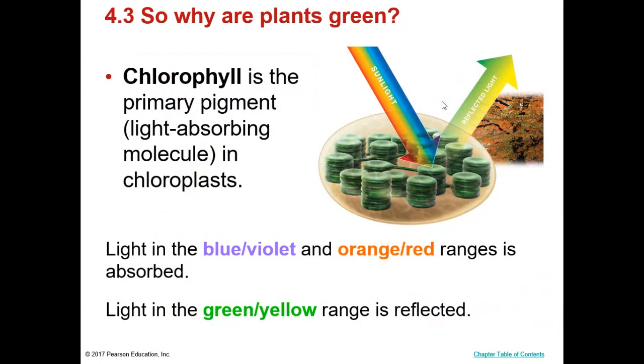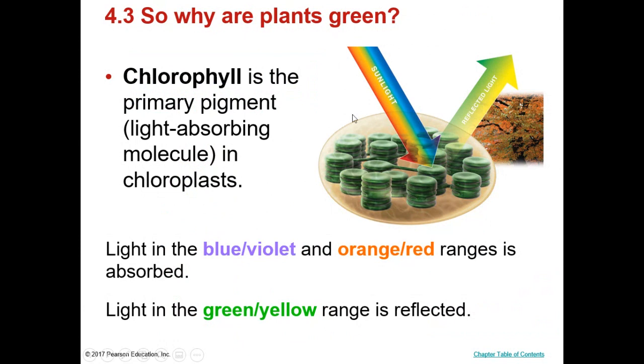Right, so here's, in a nutshell, what chlorophyll does. Chlorophyll is a pigment molecule, which is meant to absorb some sunlight, but it also reflects a lot of it.